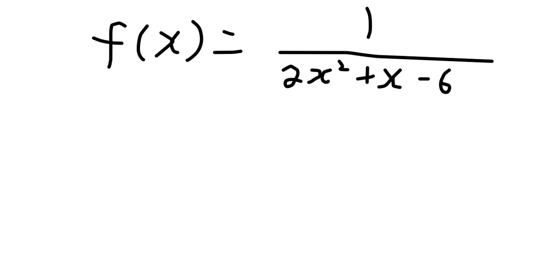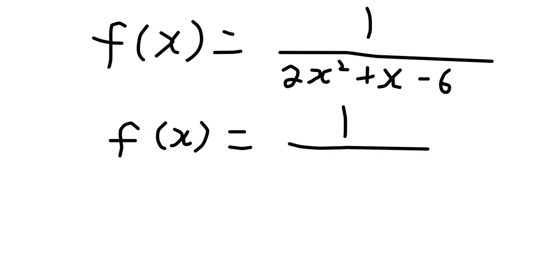What we want to do right now is factor the bottom, and if you're not quite sure how to do that, I've got videos on how to factor, so I'm not going to show you how to factor now. Let's just assume that we can. We'll factor this, and we get f at x is equal to 1 divided by 2x minus 3 multiplied by x plus 2.